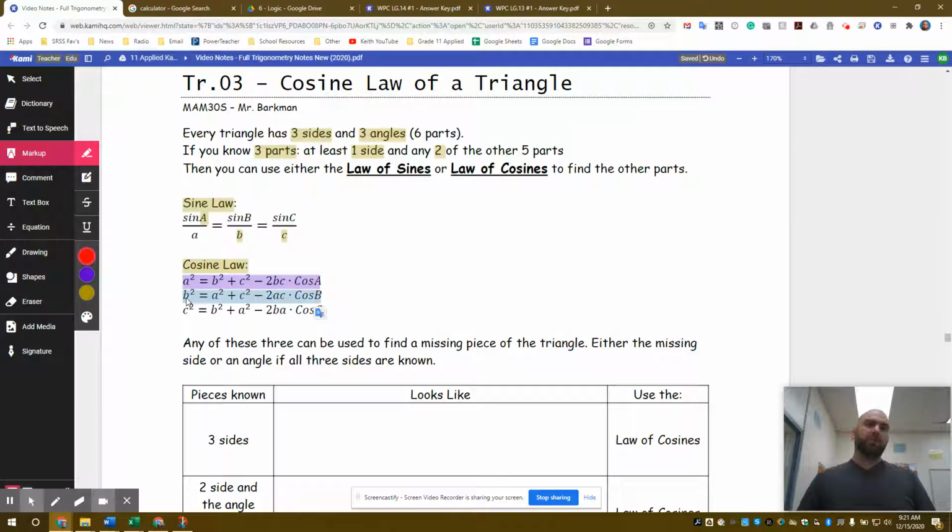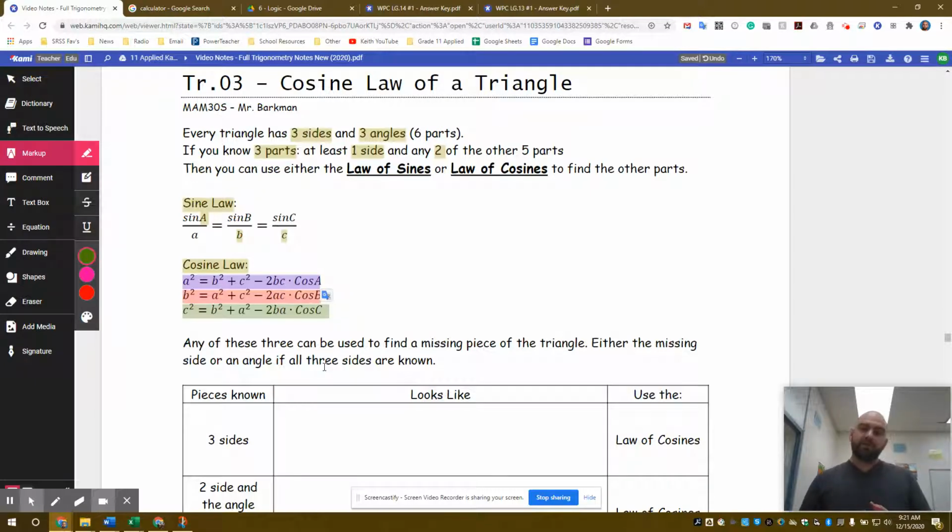Here we start with b squared in the front, and we have a squared and c squared, and then instead of bc, we have ac, and here we have cos B. And finally, we have the one involving c squared out in the front, with b squared and a squared, then 2ab, and cos C. So there are three different versions of cosine law. They're all exactly the same, minus the letters in specific places.